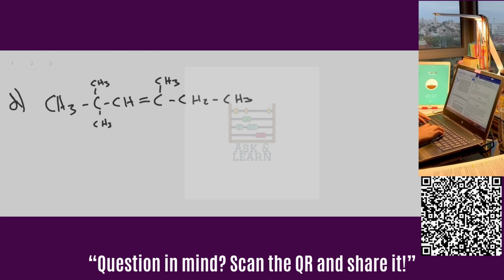So we go ahead and number our longest carbon chain, which is starting from this side to the end. And it's 6 carbons with a double bond, so it's hexene. Then we number our carbons based on the position of the double bond first. And we see that if we number from right to left or left to right, the position of the double bond will be at 3 both times. So then we look at the substituents and see that we have 2 substituents on the left.